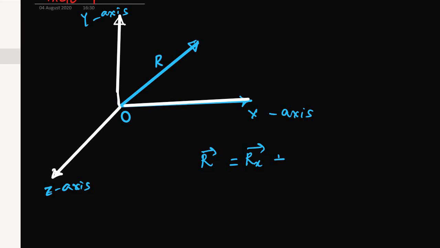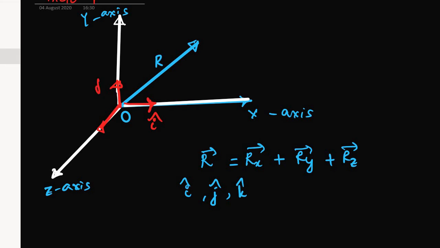So it will be Rx vector, Ry vector plus Rz vector. Now, the unit vectors along these axes, I take three unit vectors: i cap, j cap and k cap.